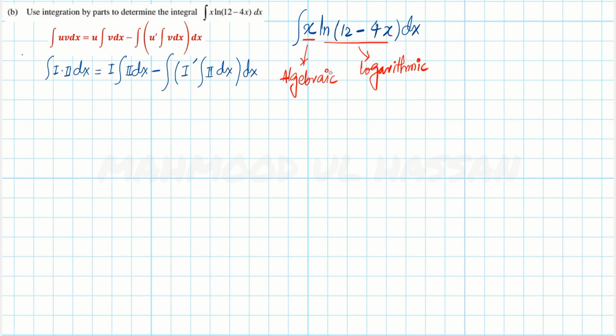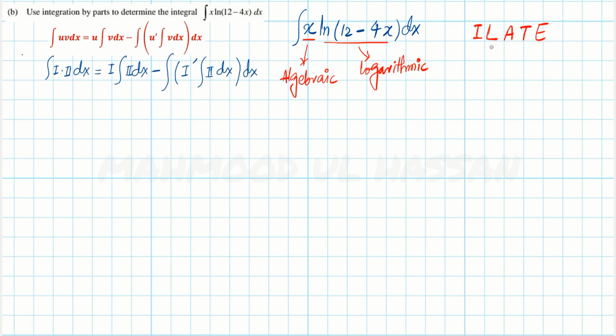Okay, so here we have to choose which of the functions is our u and which is our v. So we use the word ILATE, and in our previous videos we discussed that I stands for inverse trigonometric functions, L is for logarithmic, A is for algebraic, T is for trigonometric, and E is for exponential functions.